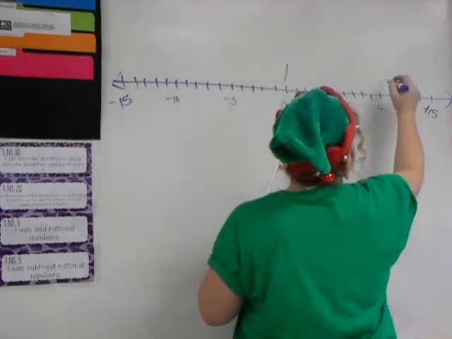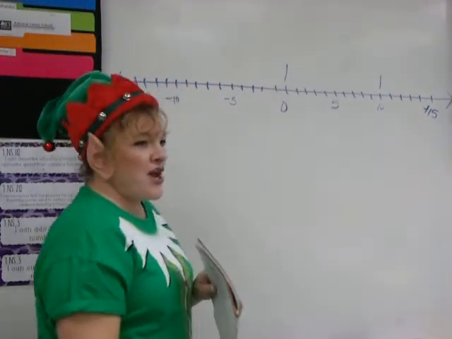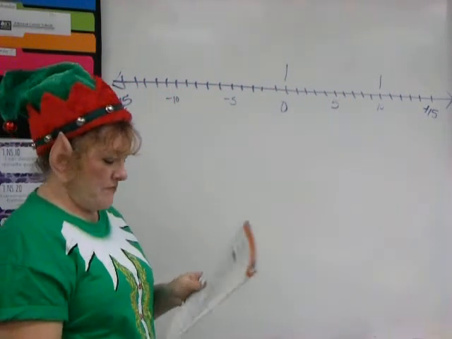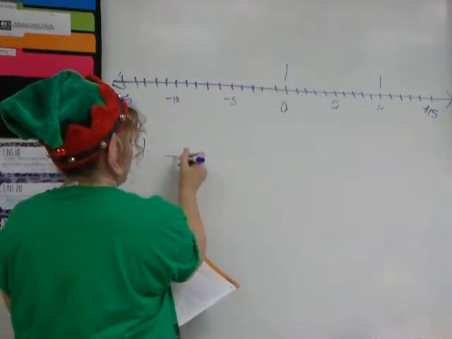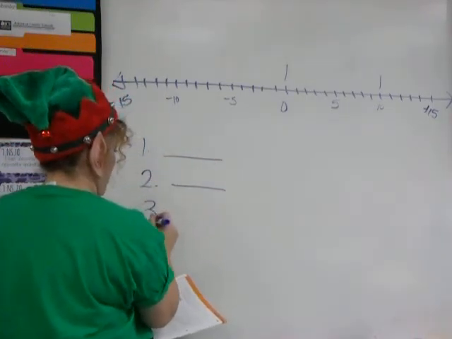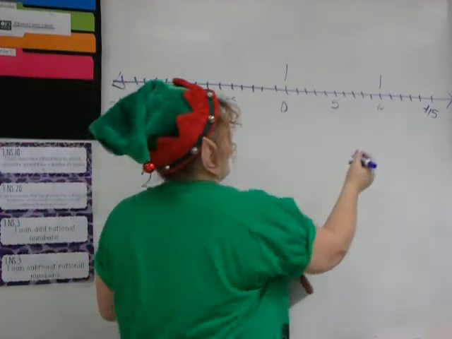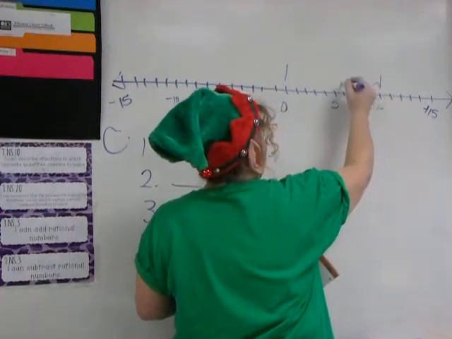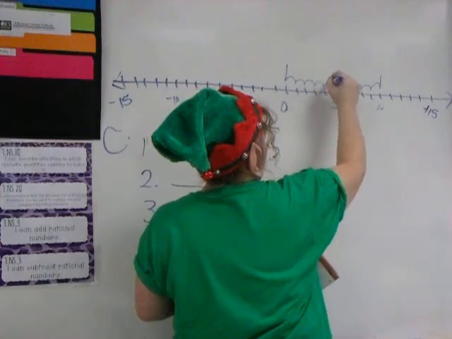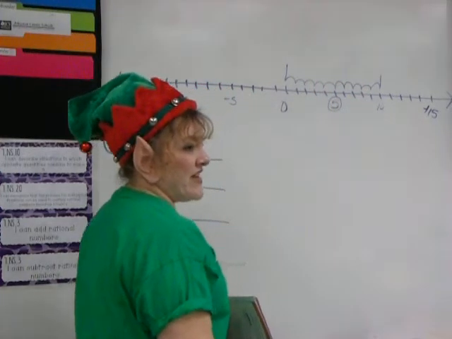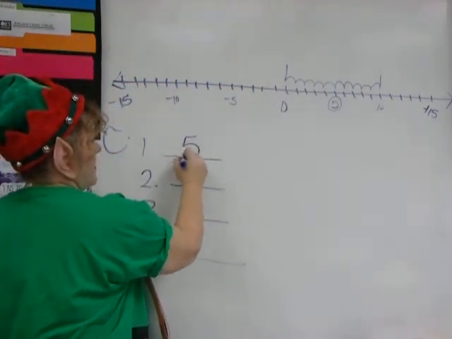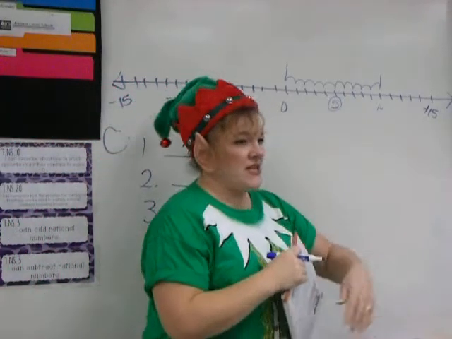What number is halfway between? This is C. One, two, three, four, five. Positive 5 is halfway between 0 and positive 10.